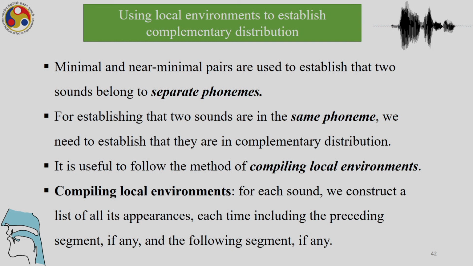So the method of finding out complementary distributions is to compile local environments, and follow the data carefully to do this.